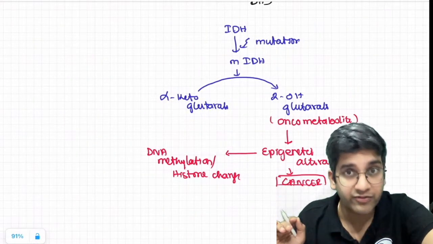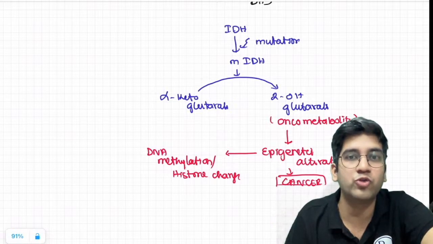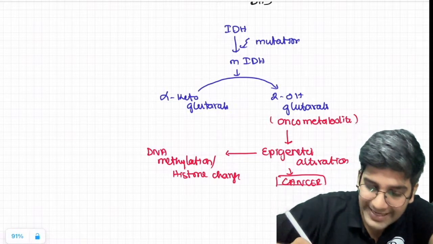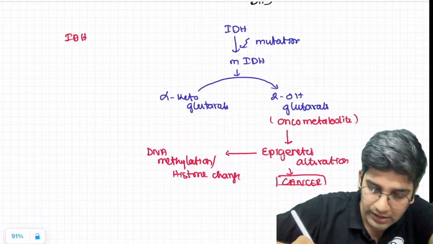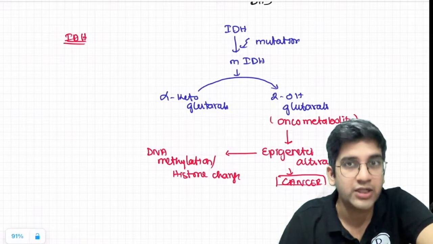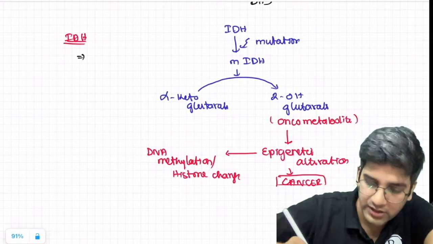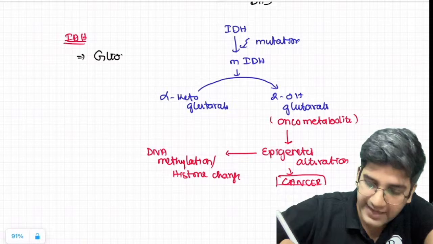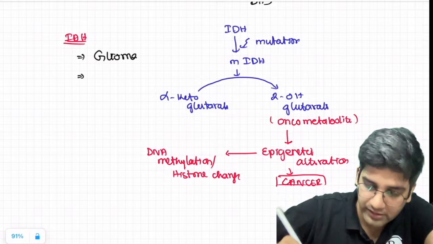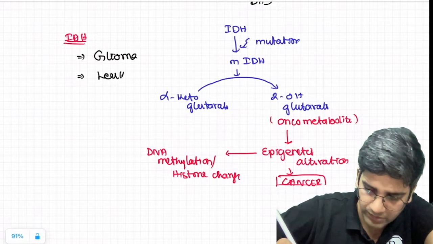mutation. This can definitely come as a 2-mark answer if you have 2 marks in your exam, right? So an IDH mutation is classically seen in a few tumors. I don't want you to forget these tumors because this has been increasingly used these days. Gliomas, IDH is very common in gliomas, right? Few leukemias.